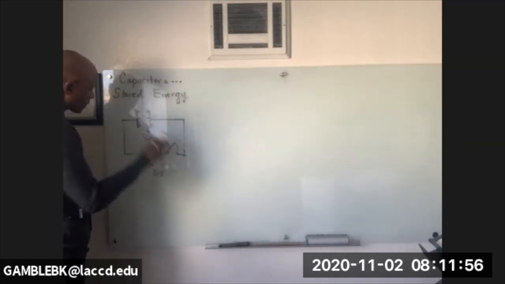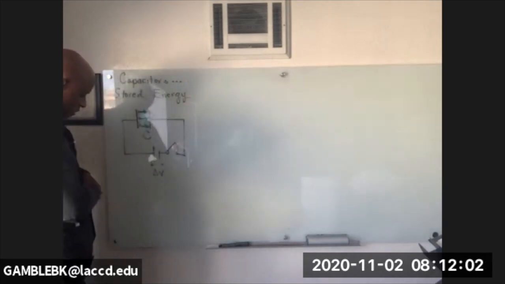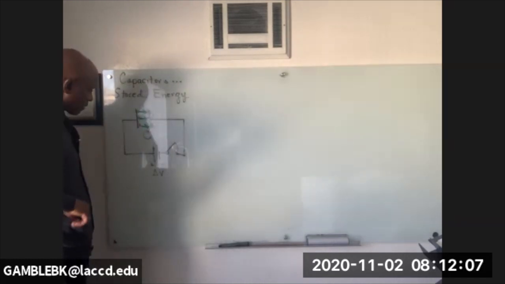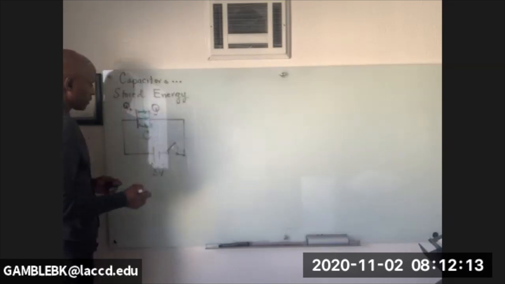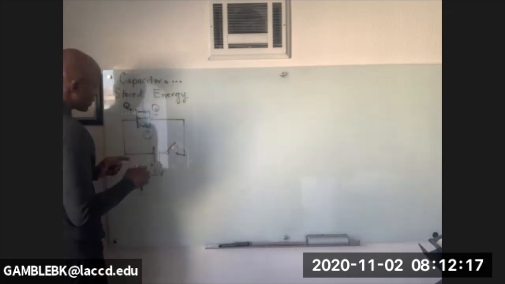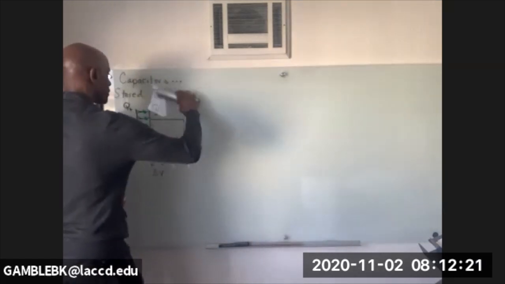And then you have the field. So there's the plus Q, minus Q. And the important thing also is that there's a potential difference. So of course, there's a capacitance associated with the circuit.